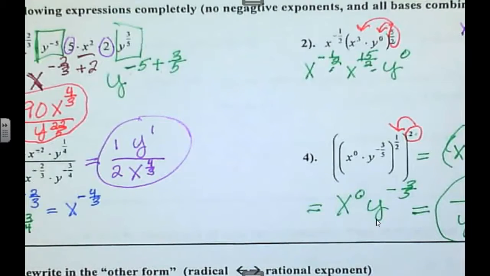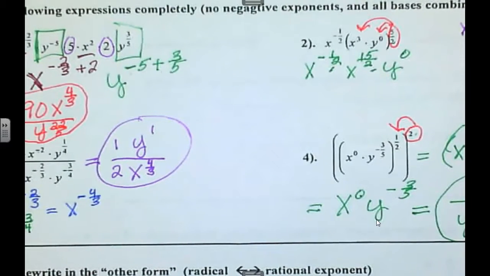So x, negative 1/2 plus 15/2. If you're taking away 1/2 from 15/2, we're adding.